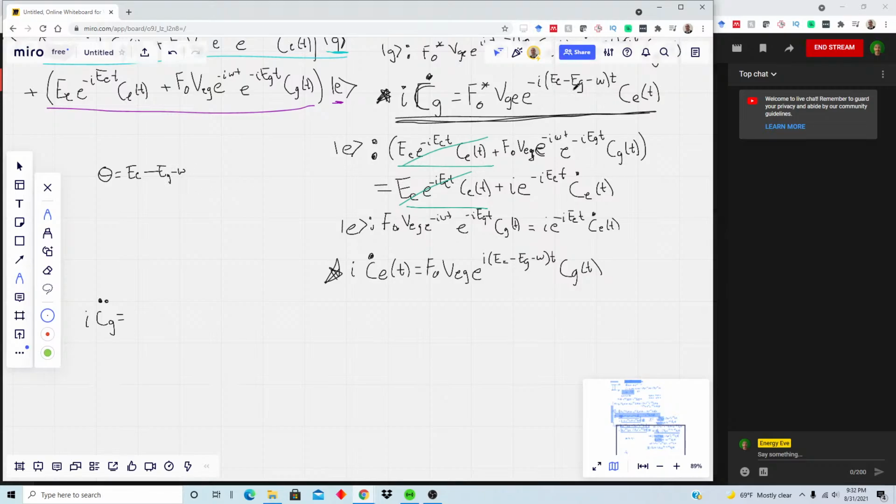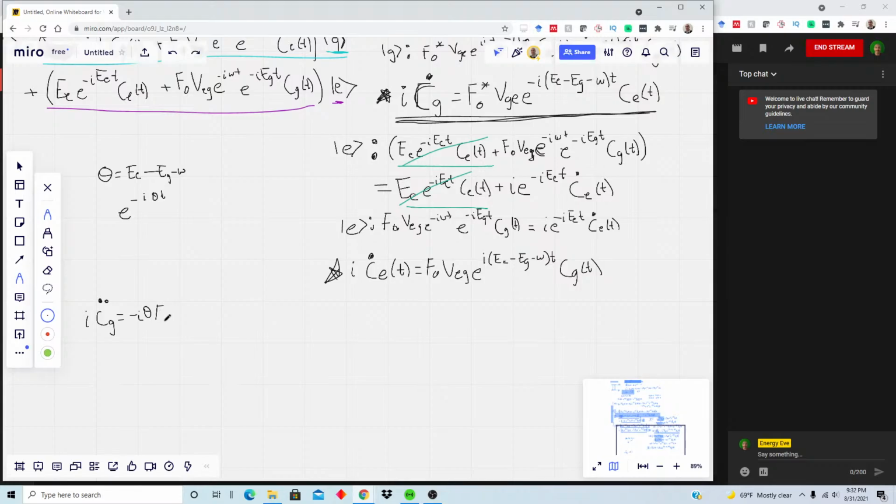It's just so that way this term will just be e to the minus omega t, instead of writing out the whole entire thing. It'll make it a lot easier. And so when we take the time derivative of this part, we're going to take down a minus i omega times f.